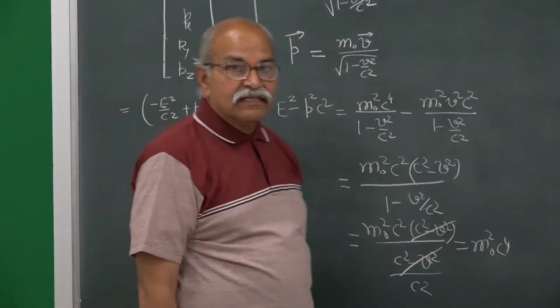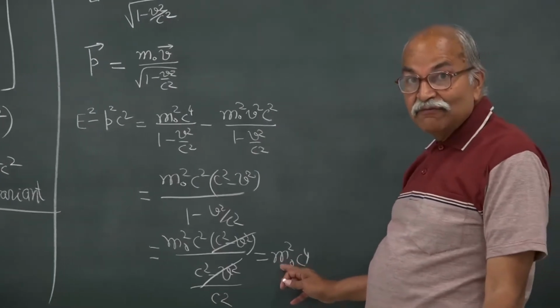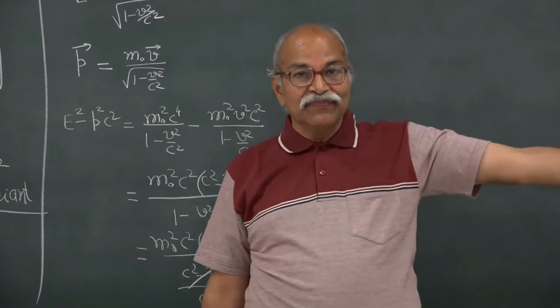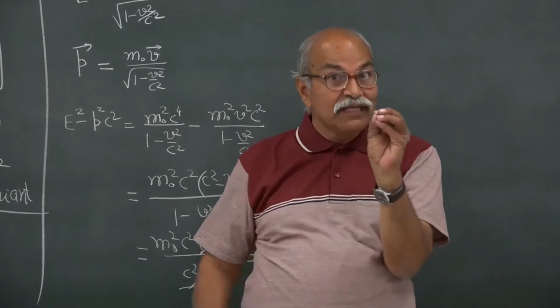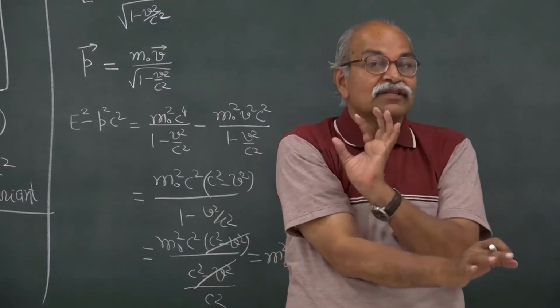All right. So, this is invariant anyway, because when you change frame, go from one frame to the other frame, the same particle you are seeing from this frame and that frame. So, that inner structure is not changing.